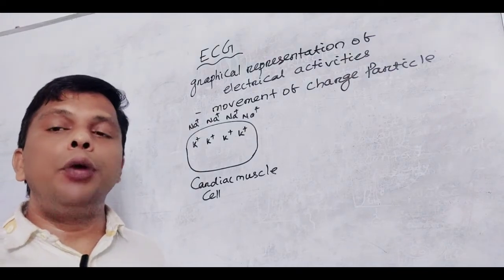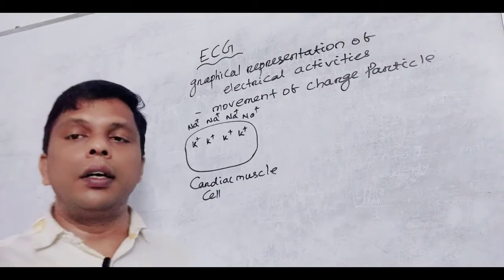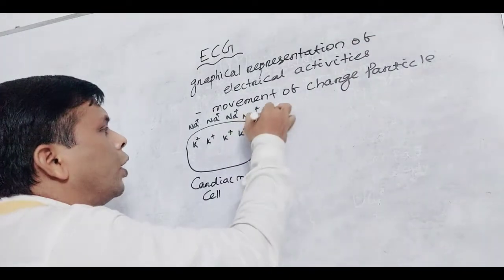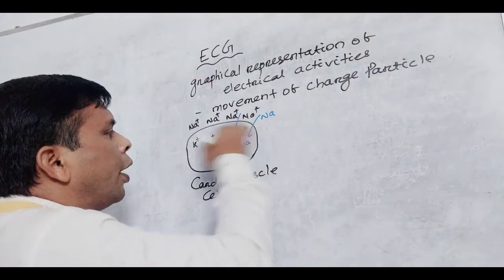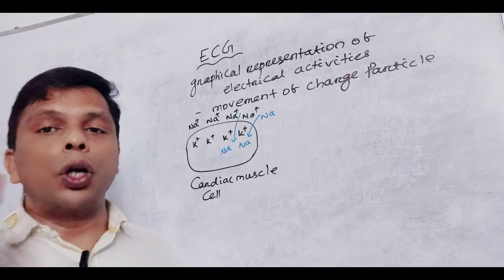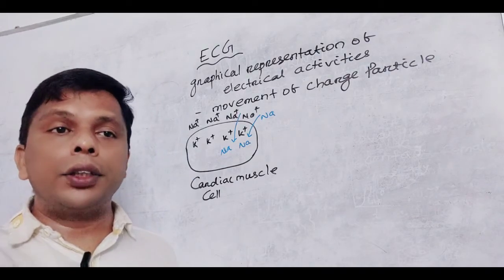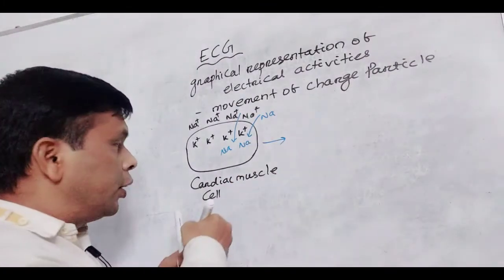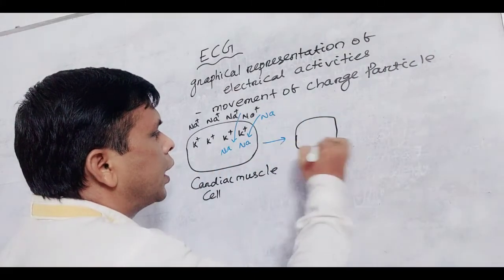What happens during contraction? The sodium from the extracellular matrix enters into the muscle cell, which is called depolarization. The depolarization leads to contraction. Suppose this is the muscle cell; the muscle cell now contracts into this size.